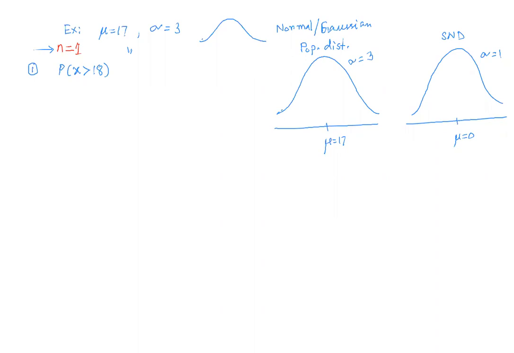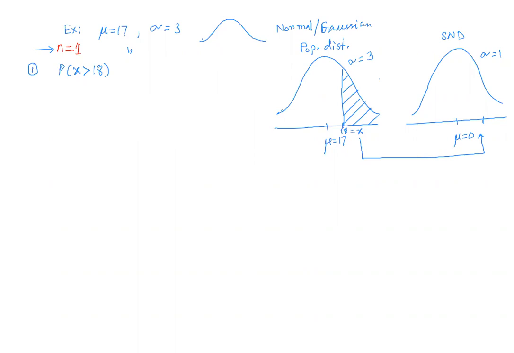So the probability that a randomly selected student spends more than 18 hours. Let's say this is where my 18 is. This is my X, okay? More than 18 hours is this probability, this area. We need to translate this X into the corresponding Z. How do we find the Z?